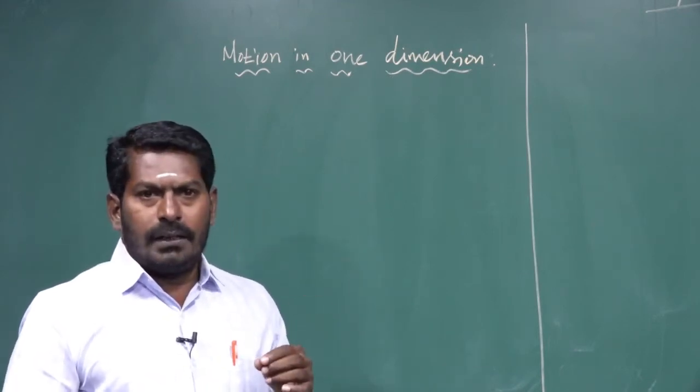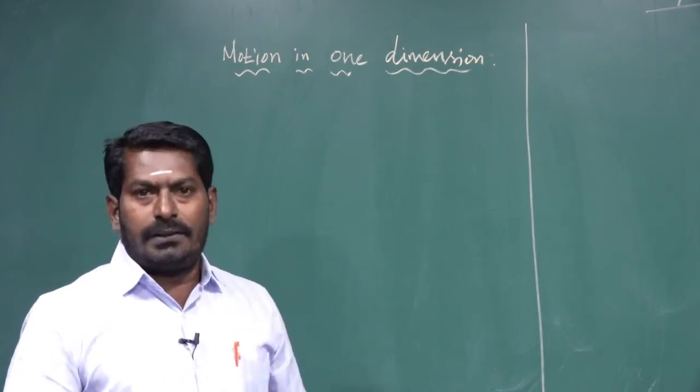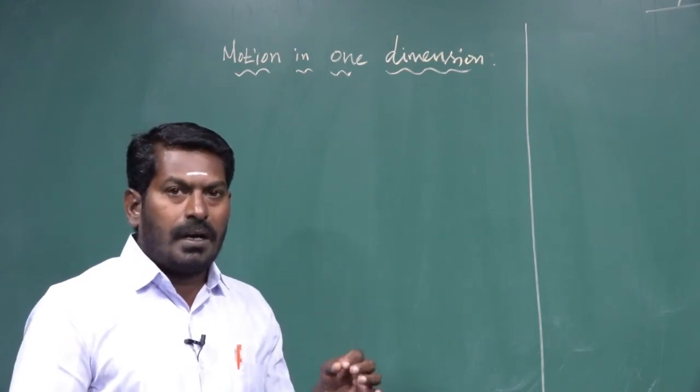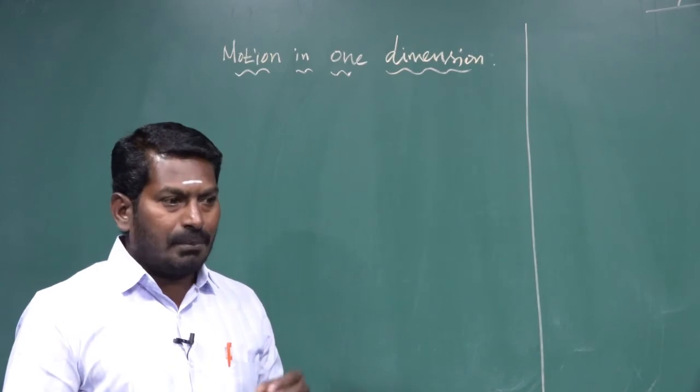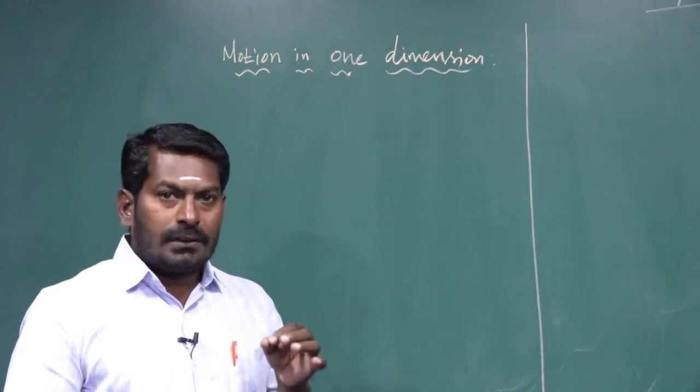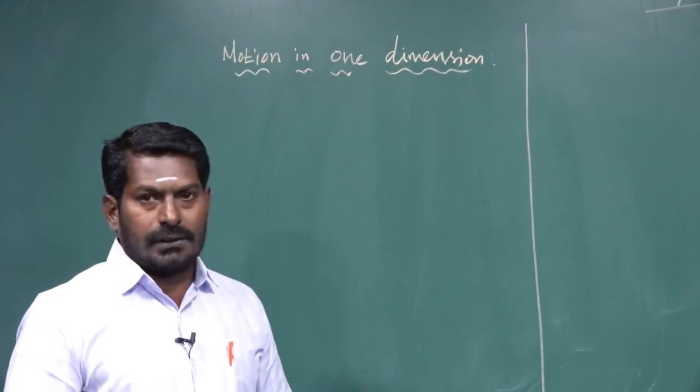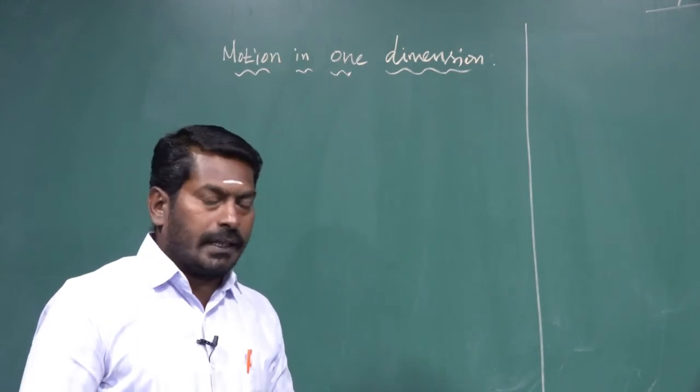if your body travels in space, the position of your body at any instant of time can be described with the help of three Cartesian coordinate axes: x-axis, y-axis, z-axis.